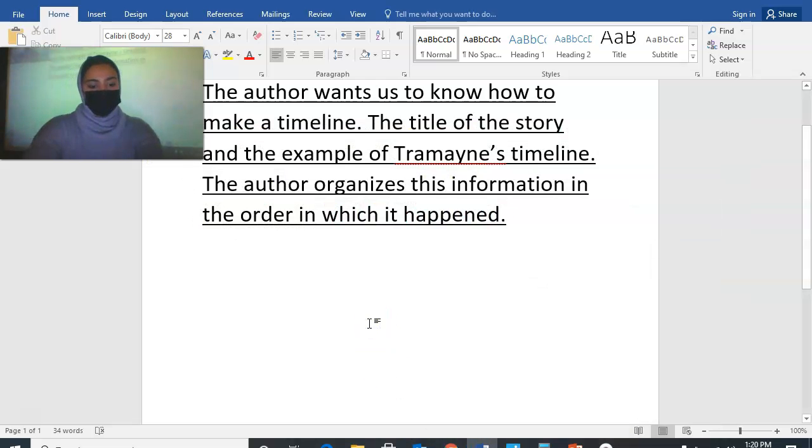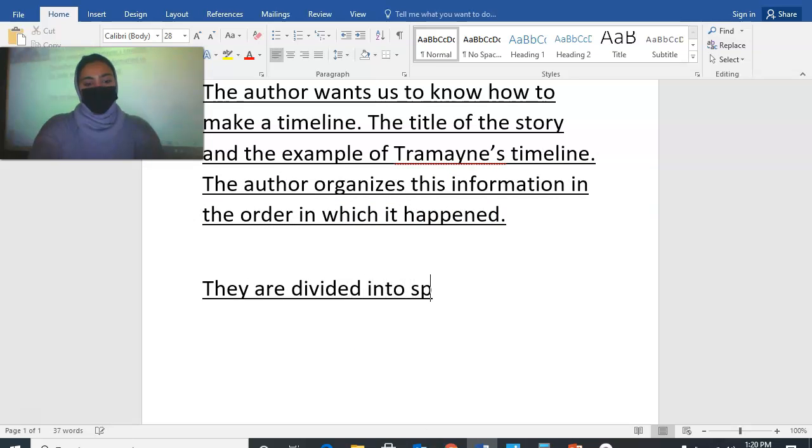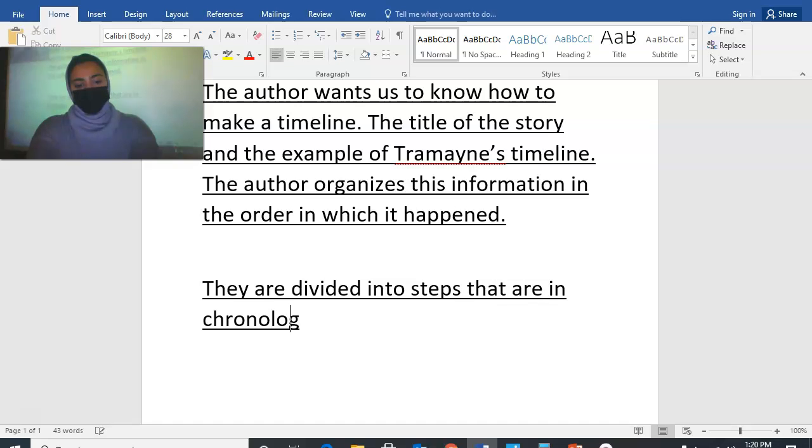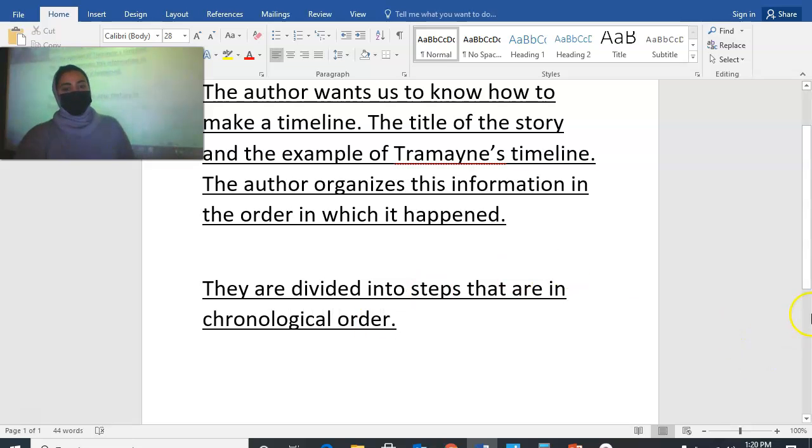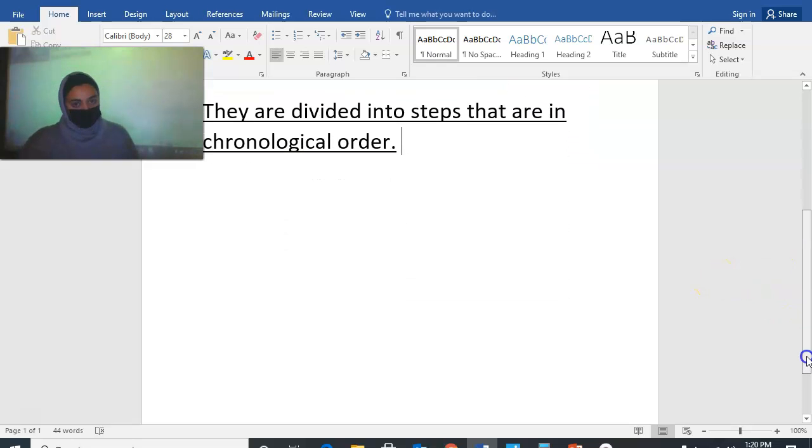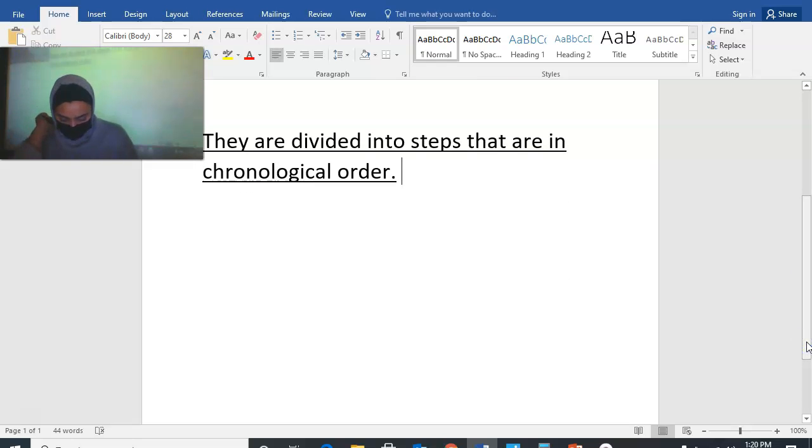Let's write that down. This is the second question, guys. They are divided into steps that are in chronological order. And then it says, well, why?